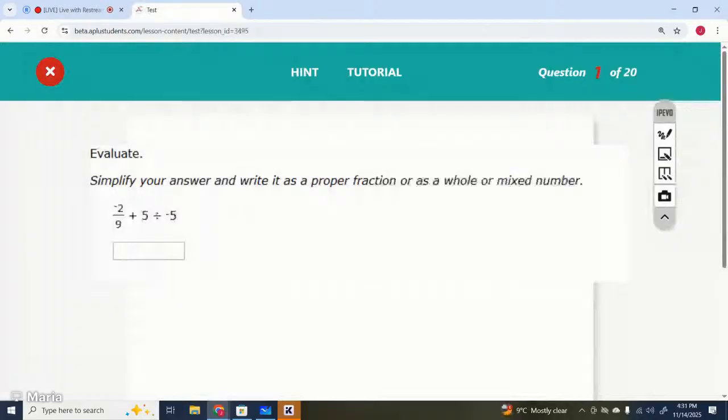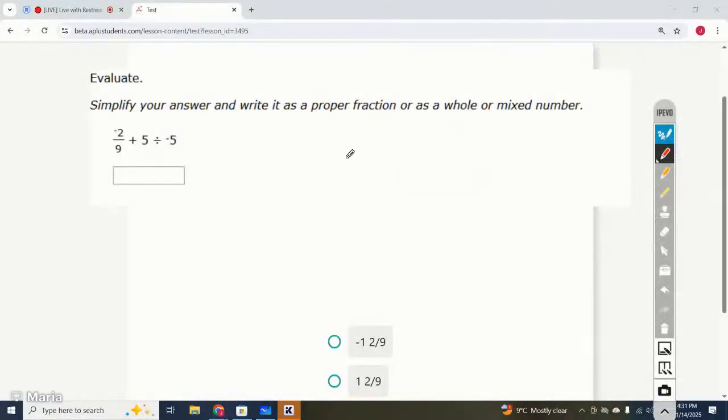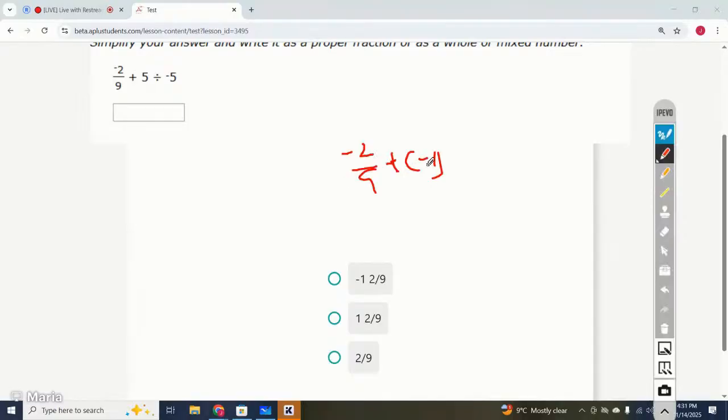Negative 2 by 9 plus 5 divided by negative 5. So you are given more than one operation, right? The first thing you need to do is divide. So 5 divided by negative 5 is negative 1, right? So let's just cancel out the signs on both sides.